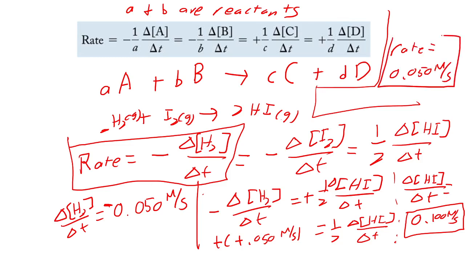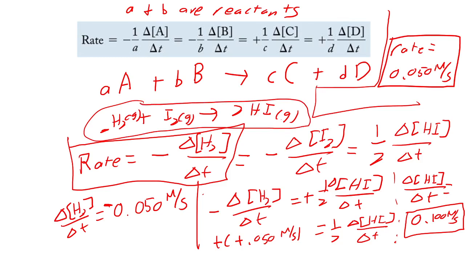So what that means is this entire reaction happens such that if you take 1 second, 0.050 molar of this reaction is going to react. So we can change that for any particular one. That means the reactants are going to go down by 0.05 because they have a 1 coefficient in front of it. And the product, well, it's going to go up twice as fast as the overall rate. It's going to go up by 0.1. If we had a 3 in something, it would go up at the rate of 0.15. If that 3 was on a reactant, it would go down at the rate of 0.15.